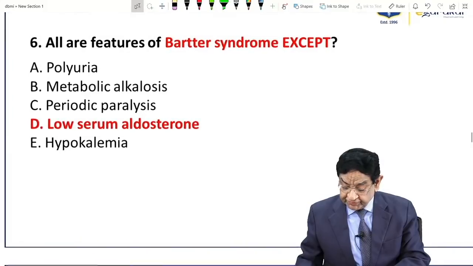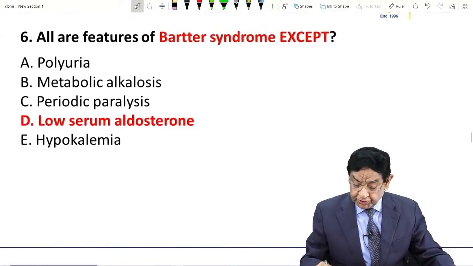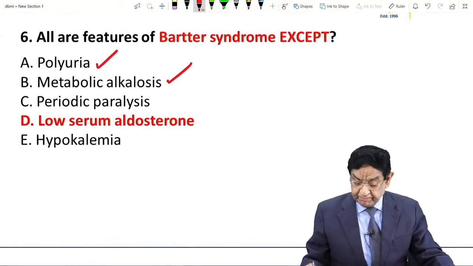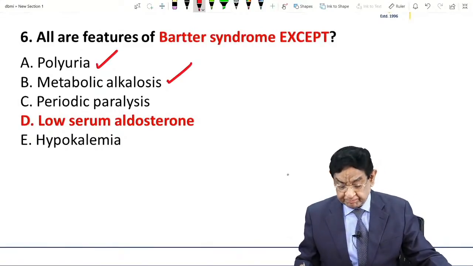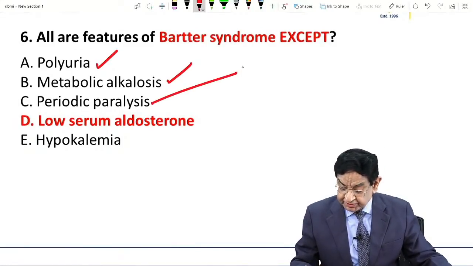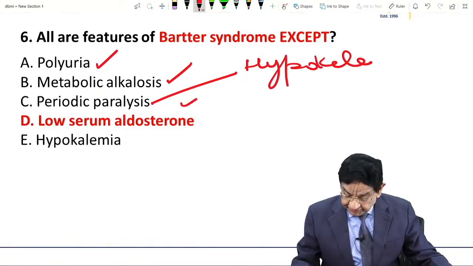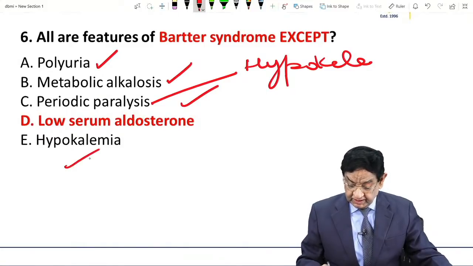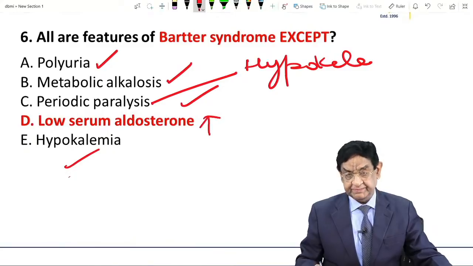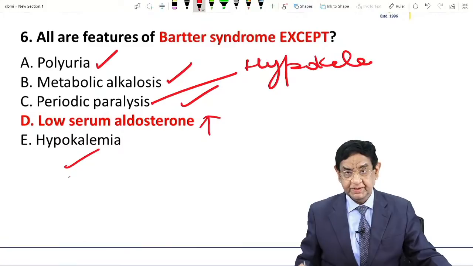So all the features occur in Bartter syndrome: polyuria occurs, metabolic alkalosis occurs, periodic paralysis occurs due to hypokalemia. Hypokalemia is a feature. Yes. Low aldosterone, no. Aldosterone level is high.